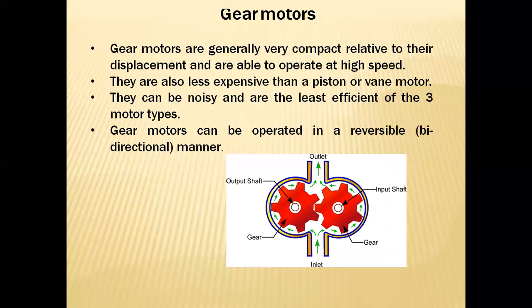Coming to gear motors, they are generally very compact with respect to displacement and able to operate at very high speed. The contact ratio is very familiar when compared with vane motors and other drive systems.